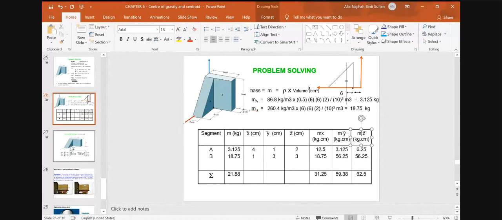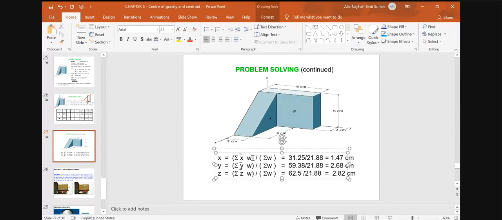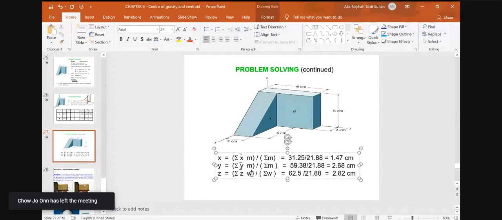So by inserting all the values in the equation, we get the x bar equal to 1.47, y bar equal to 2.68, and the z bar equal to 2.82.